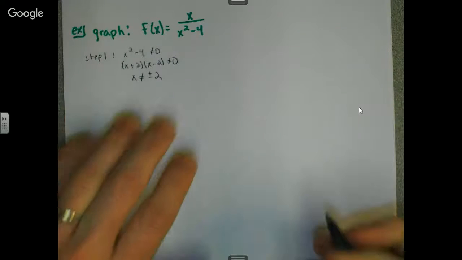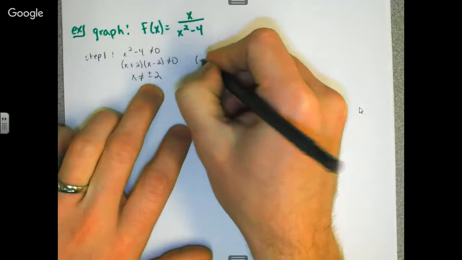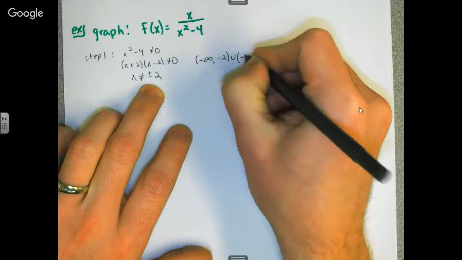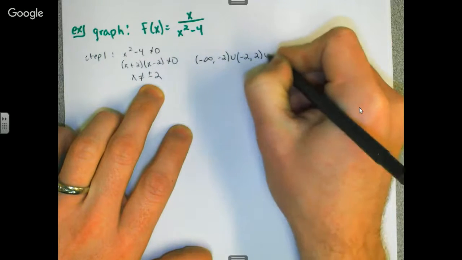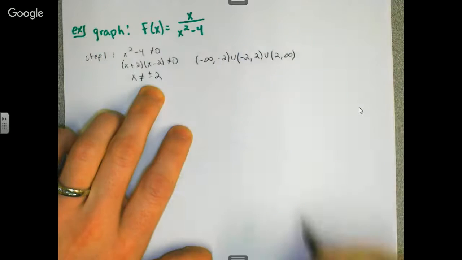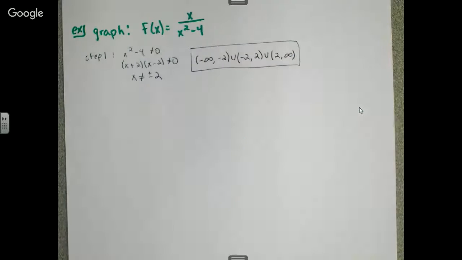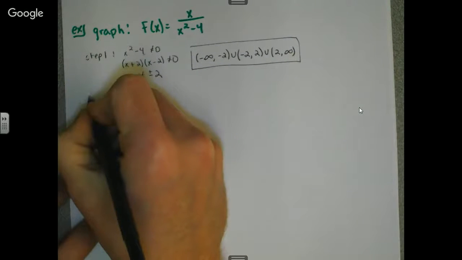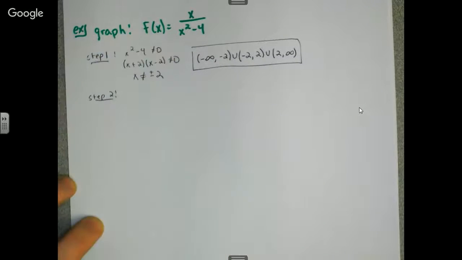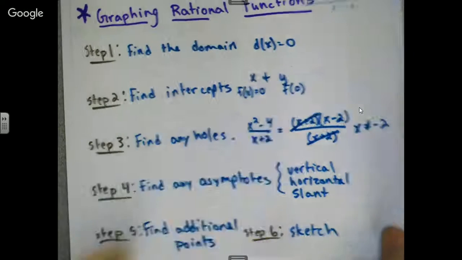When we write the domain, we write it in interval notation. So we start with minus infinity to minus 2, union, minus 2 to 2, union, 2 to infinity. And there's my domain. Step 2 said find any intercepts.